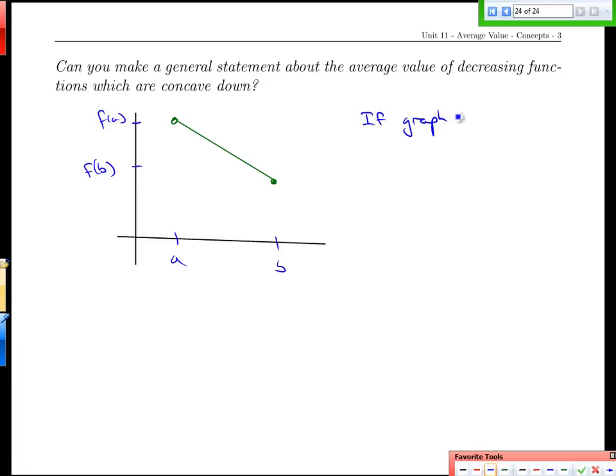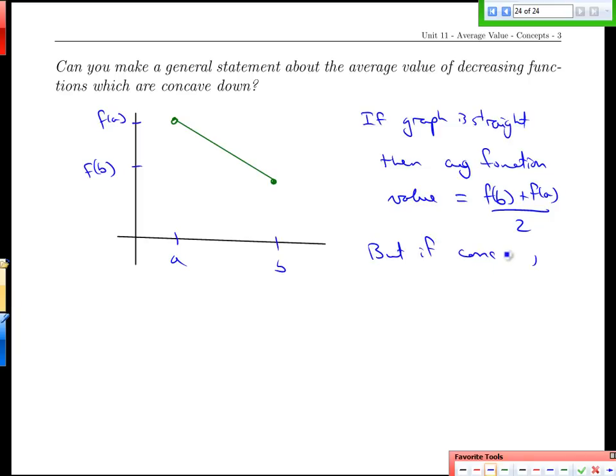If the graph is a straight line, then the average function value is actually the average of the start and end point y values. So f of b added to f of a over 2. That's how we do the averages, add and divide by 2.